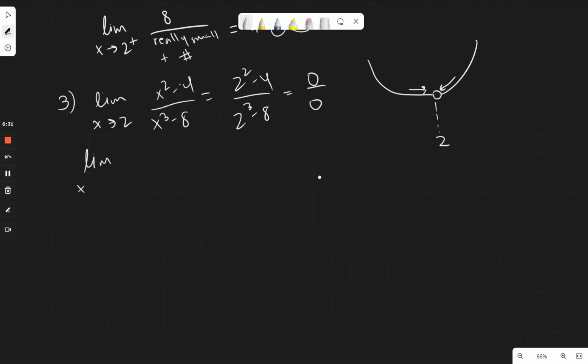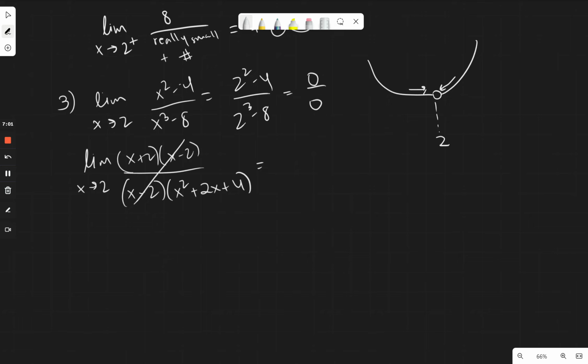So this is the limit as x approaches 2 of x plus 2 times x minus 2. That's a difference of squares. And on the bottom, we have a difference of cubes, which is x minus 2 times x squared plus 2x plus 4. And so we can cancel out this little thing. This was causing all of our problems, this hole right here. And we're left with x plus 2 over x squared plus 2x plus 4.